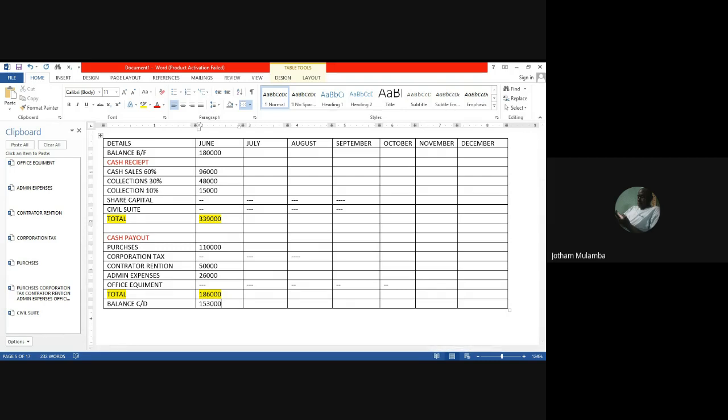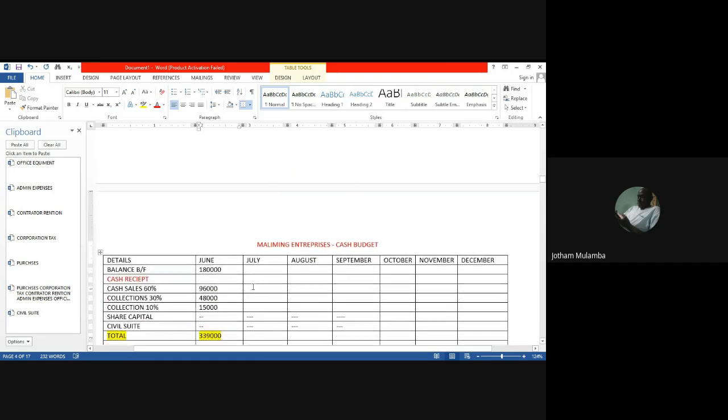The closing balance of one month becomes the opening balance of the subsequent month. So when you go to July, that 153,000 becomes the opening balance. Then we repeat the cycle. How much was sales in July? 170,000.